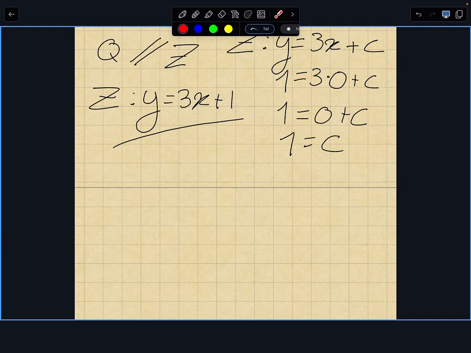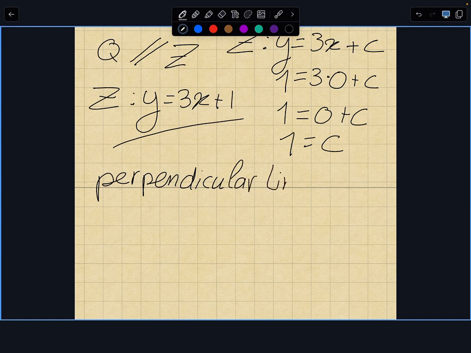Following parallel lines, there is another equation, which is the most important and the one you most likely are going to get, which is a perpendicular line. We have parallel lines.